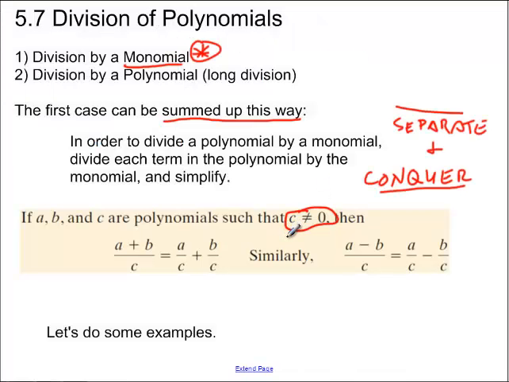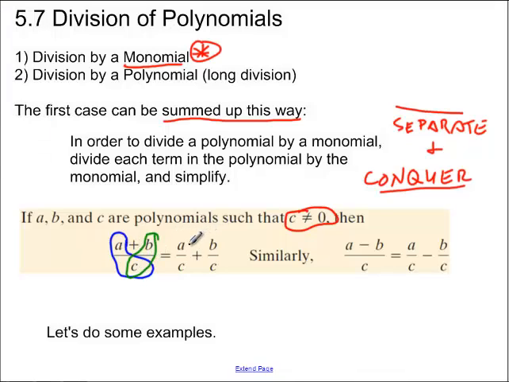separate and conquer means that you take each of the terms in the polynomial, the monomial here that's part of this big polynomial, divided by c. And then take the second one, let's change this into green, take that second monomial or term in the polynomial, divide it by the monomial that's in the denominator, and you've got two different divisions.